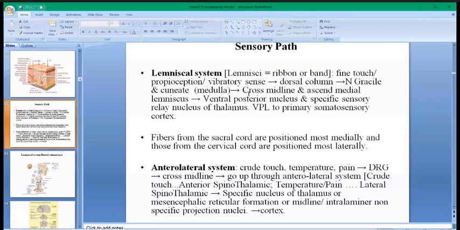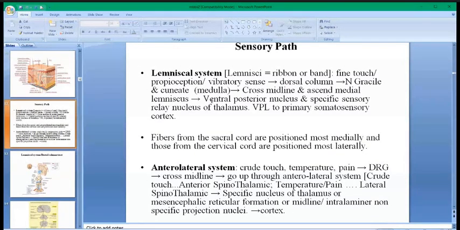Then the second order neuron crosses the midline. From the receptor, the nerve that goes is the first order neuron. Then the first order neuron ends and the second order neuron starts. Always remember, the second order neuron always crosses the midline and ascends as the medial lemniscus.